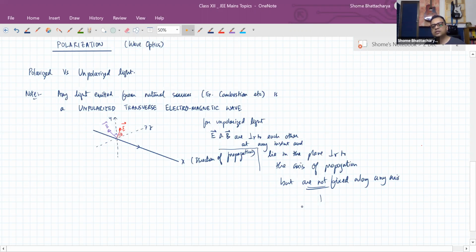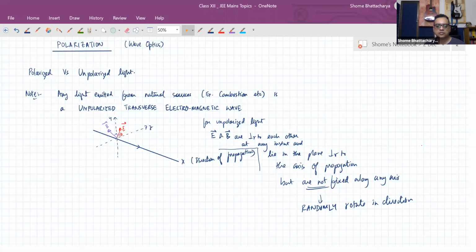So they randomly rotate in direction. So they randomly change in direction.